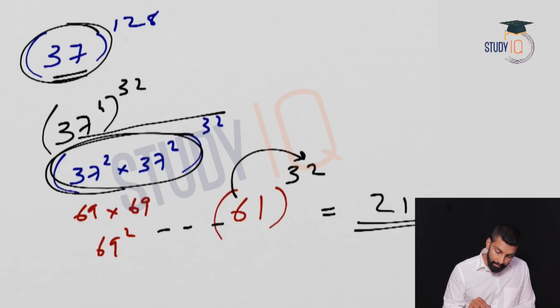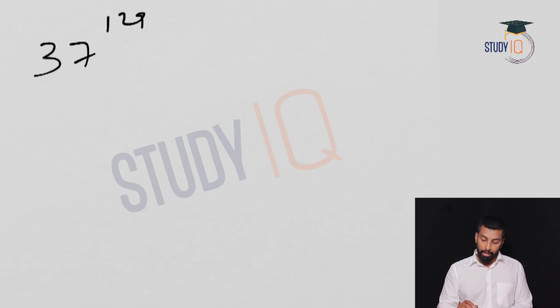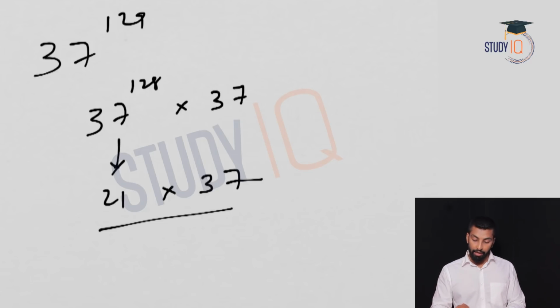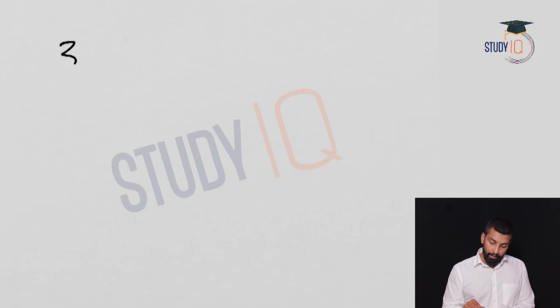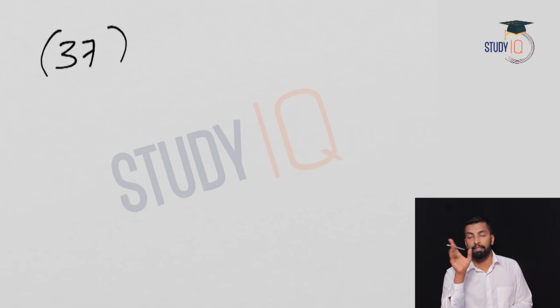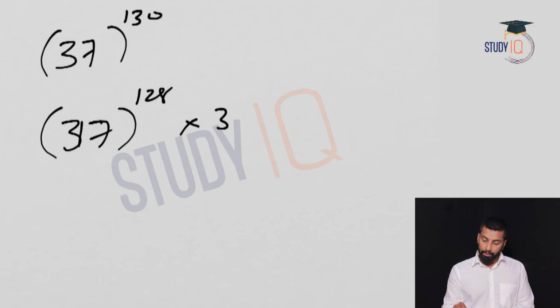What else you can get is 37 raised to 129. Then you will write it as 37 raised to 128. You got the answer 21 into 37. So basically into 37. So you get the answer here, okay? Or instead of 37 you can get 47, 57, 67 or whatever it is. You use the same method only, okay? 130, then you write it as 37 raised to 128 into 37 square.